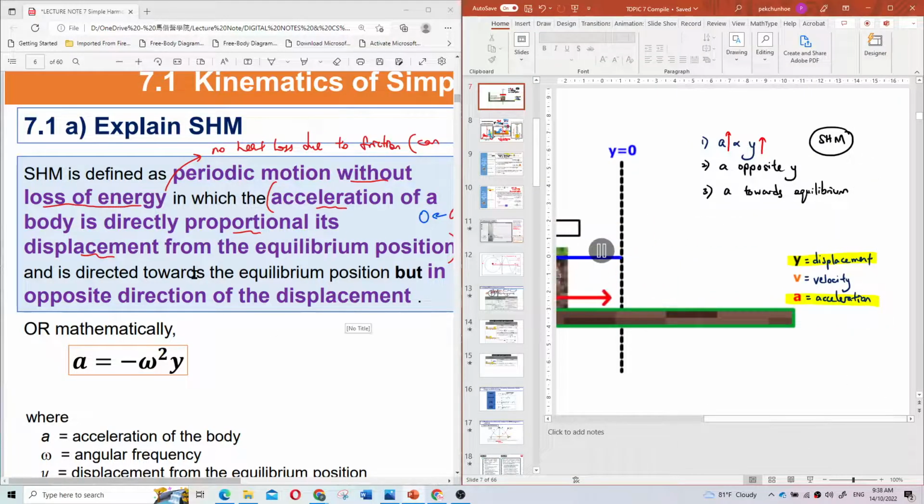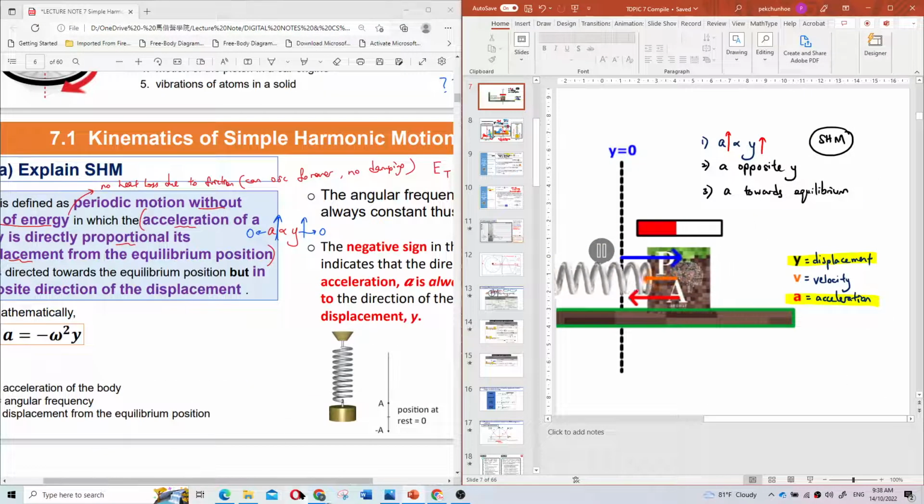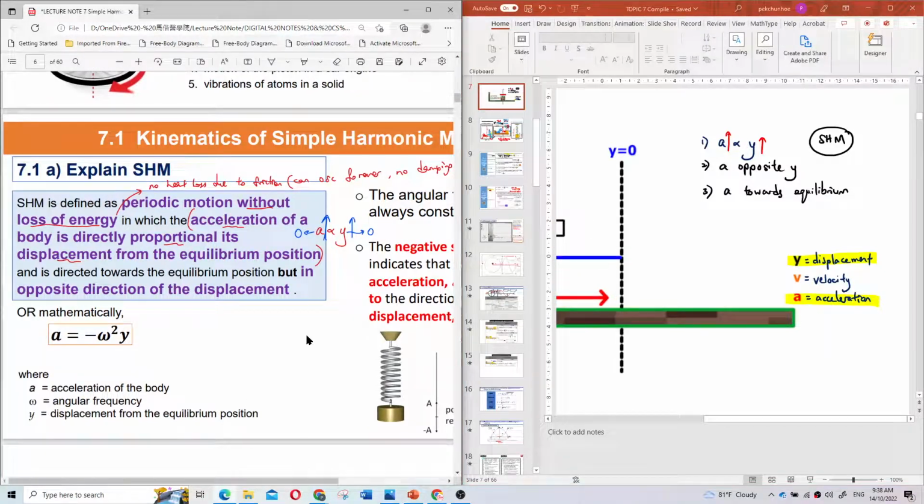You can see clearer now. Acceleration of a body is directly proportional to displacement. So that's the first thing you see, isn't it?